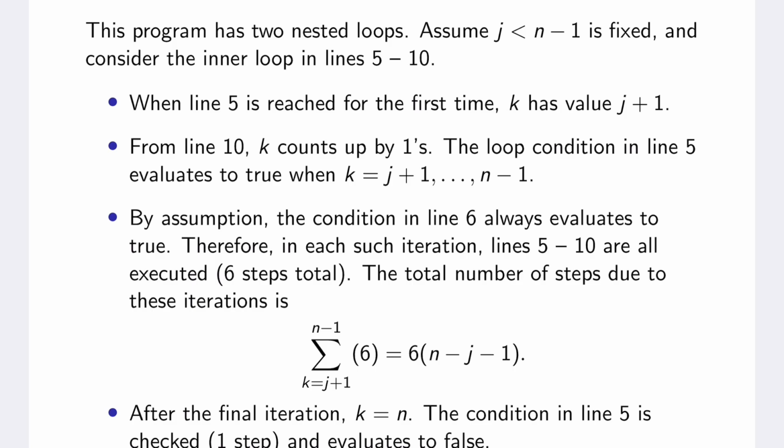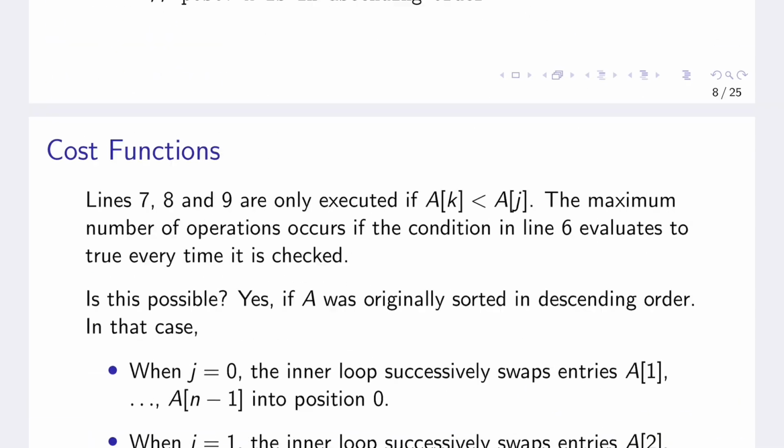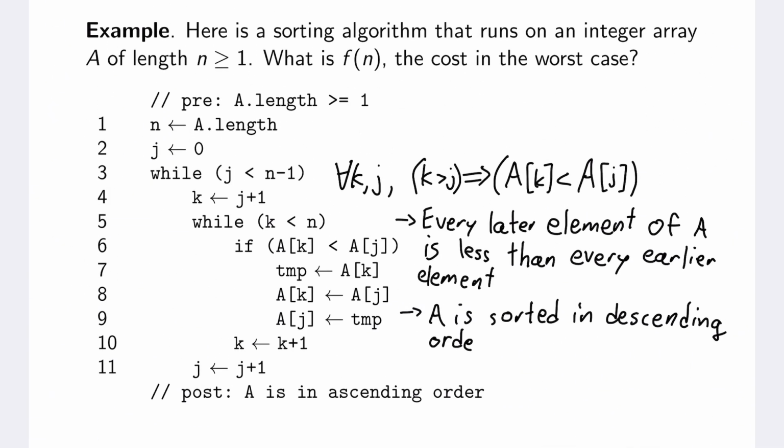In fact, a variable that will be incremented as part of the outer loop. So the inner loop will take a different number of iterations every time that it's run. We could see this from the code as well. K starts at j plus 1. J is incremented every iteration of the outer loop.